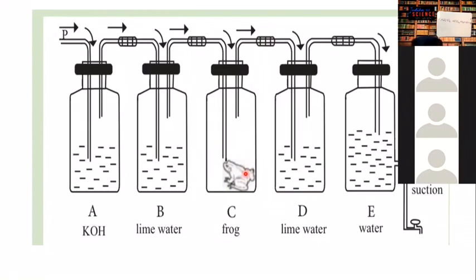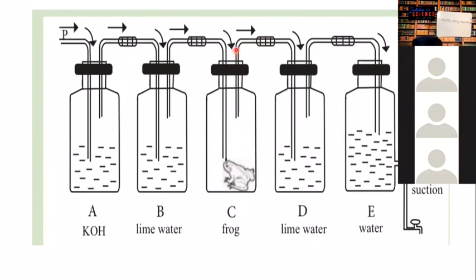Next question. What is the conclusion of this experiment? What is produced during cellular respiration? Which gas is produced there? So the conclusion is carbon dioxide is produced during the cellular respiration of frog.